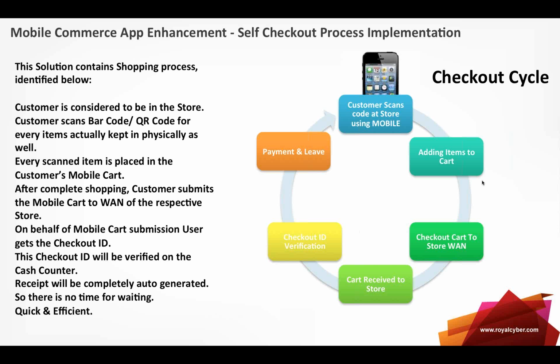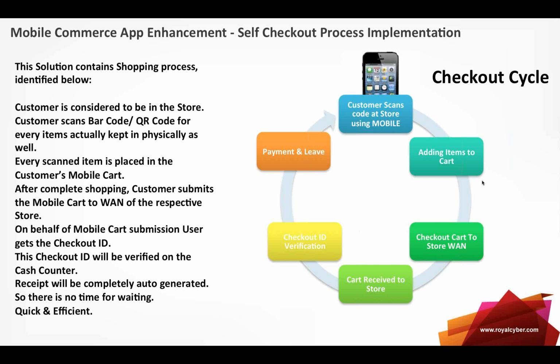Once you are done with shopping, you can say I'm done, and you can click on a button that prints out your QR code. You give it to the counter, to the register. The registered person then scans the QR code, prints out the bill, and then you can pay in the form that you want, and you're done.